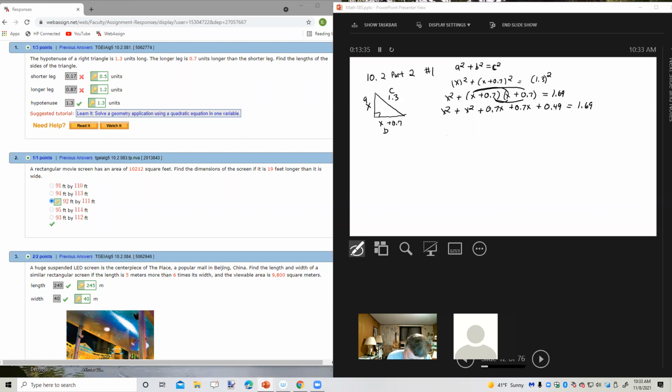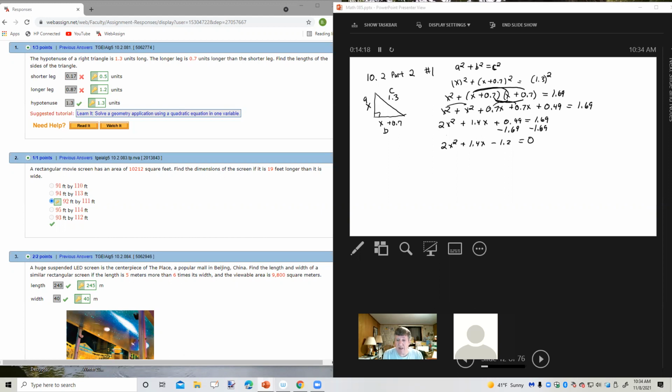Okay, combining like terms, we get 2x squared plus 1.4x, 0.7 plus 0.7 is 1.4, plus 0.49 equals 1.69. We'll subtract 1.69 from both sides of the equation. We get 2x squared plus 1.4x minus 1.2 equals 0. Again, if we take 0.49 minus 1.69, we get negative 1.2.